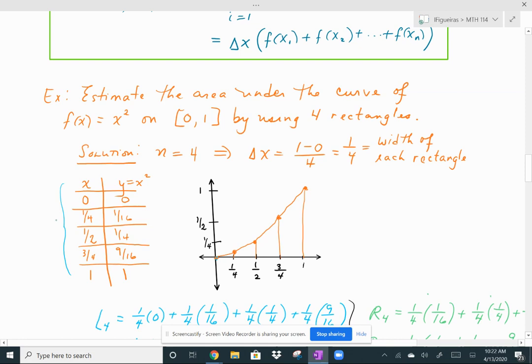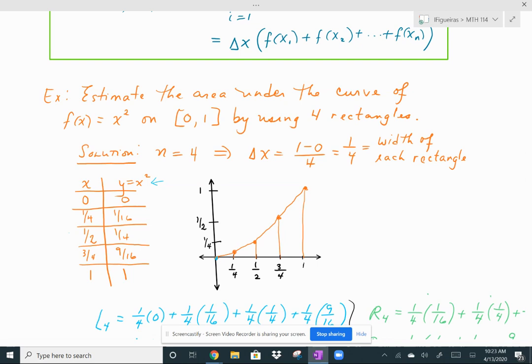That's why we have 0, a quarter, a half, 3/4, and you keep adding a quarter till you get to the end, which is 1. Now we need our heights, or our function values. You plug in all of your x's, and you get the values on the right side of the table: 0, 1/16, 1/4, 9/16, and 1.